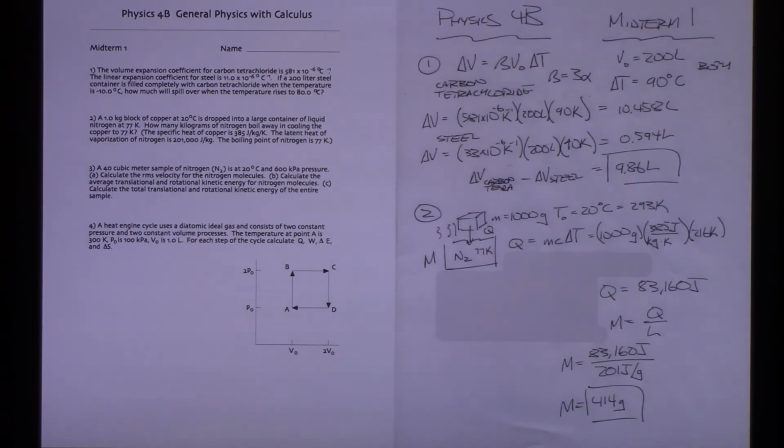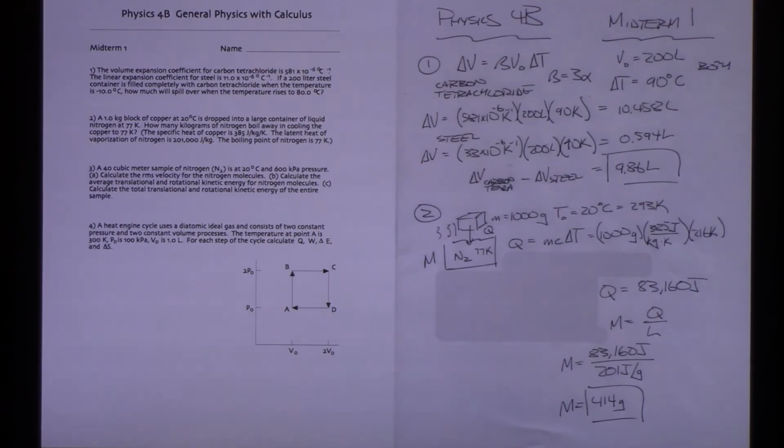So the idea is that the container is completely full, with an overflow opening. And when the temperature goes up, how much of the carbon tetrachloride is going to spill out of the container? The idea on a problem like this is that we've got two different materials, and they're both undergoing thermal expansion.